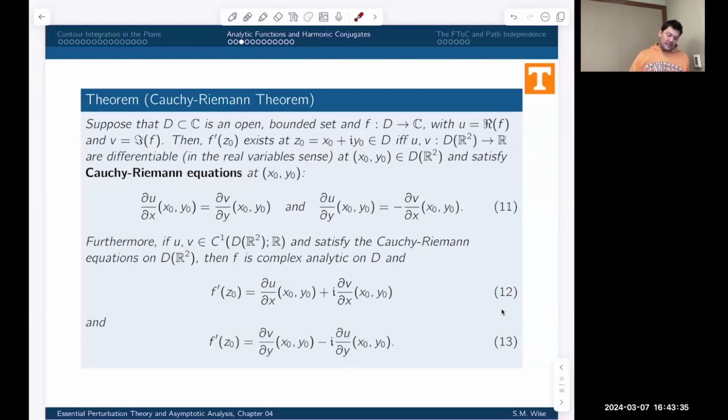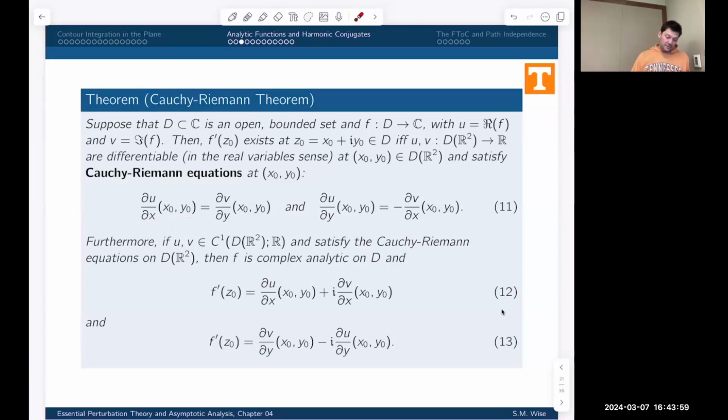Oh, I'm sorry, I stated that wrong. So then F prime exists at that point if and only if U and V are differentiable in the real variable sense at (x naught, y naught) in D and satisfy the Cauchy-Riemann equations. Namely, du/dx is equal to dv/dy at that point.